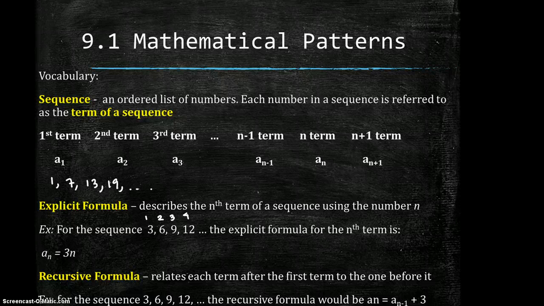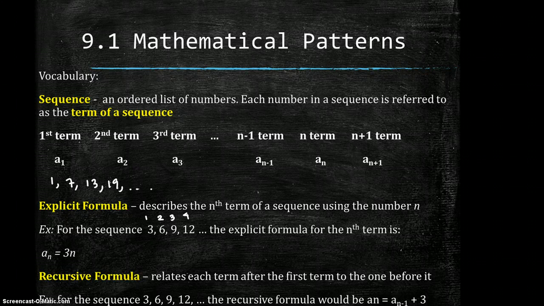Your recursive formula, on the other hand, relates each term after the first term to the one before it. So instead of just thinking, what do I need to do to the n, the number of the term, to get the term, now you're just thinking, what do I need to do to 3 to get 6? What do I have to do to 6 to get 9? So on and so on and so on. And so for this example, you're basically just adding 3 each time.